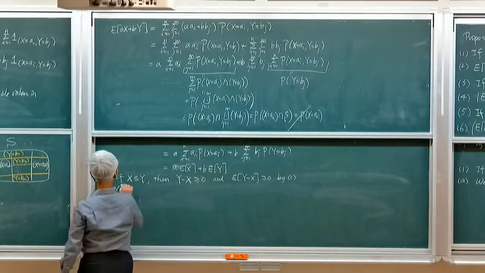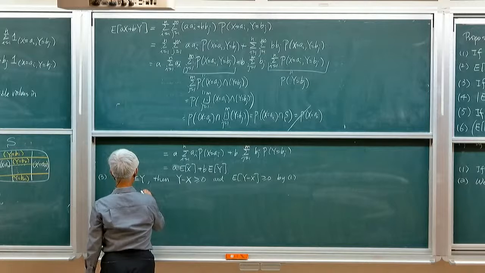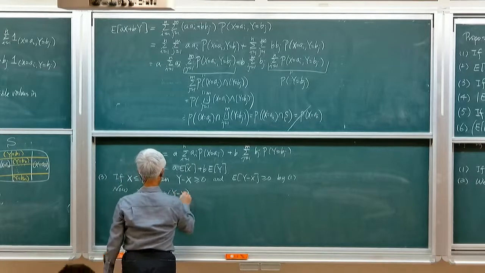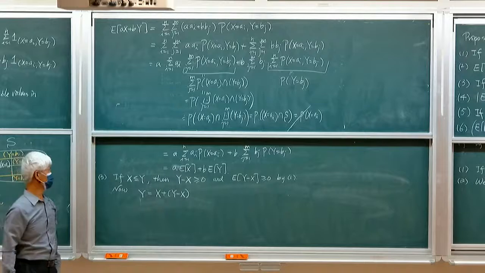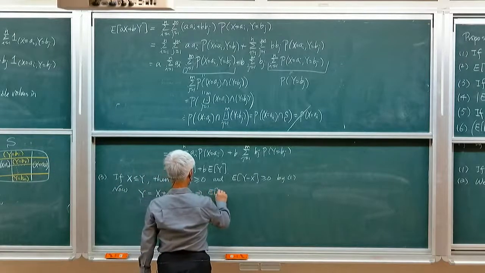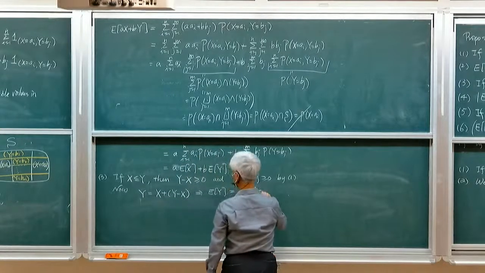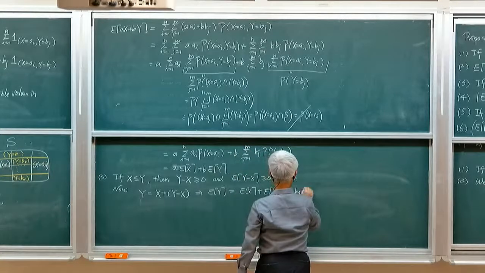So now, y can be written as x plus (y minus x), which implies that the expectation of y is the sum of their expectations by 2.